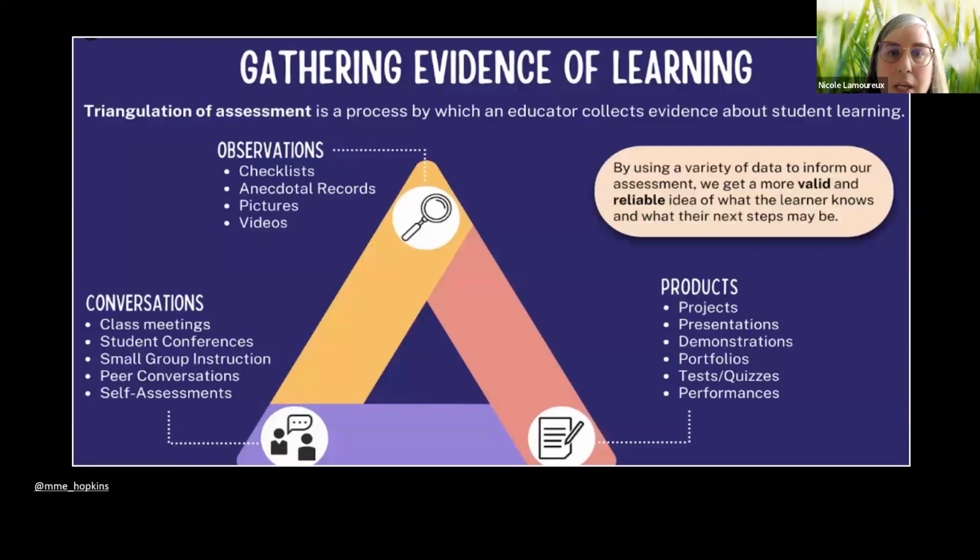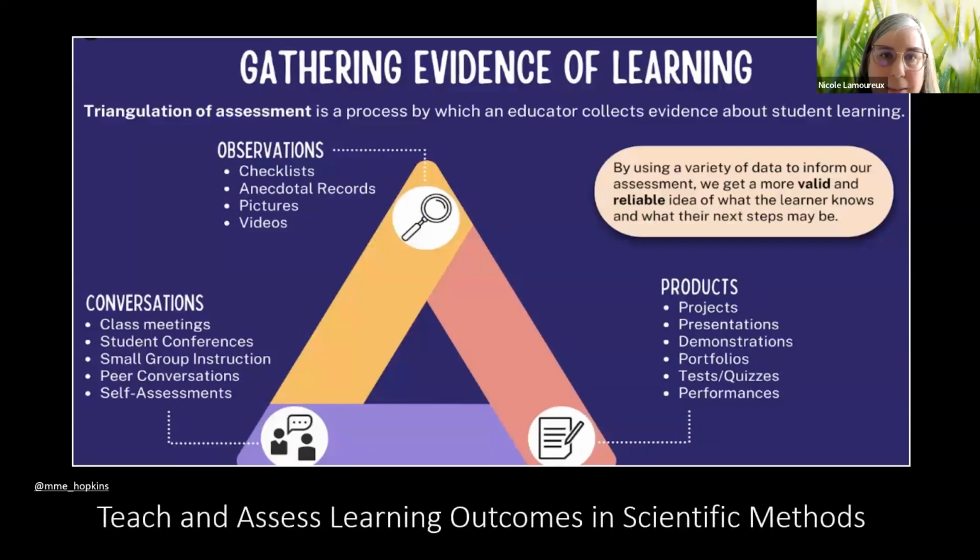I want you to think about assessment as well, because you are teaching and assessing, especially formatively, the cusps, and then summatively assessing the learning outcome. I want to remind you that, because in grade 1 it says teachers are scientists that do investigation, we gather data on our students' learning. So we want that data to be valid and reliable.